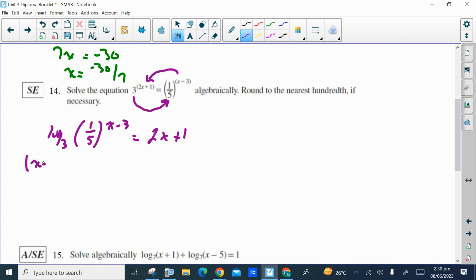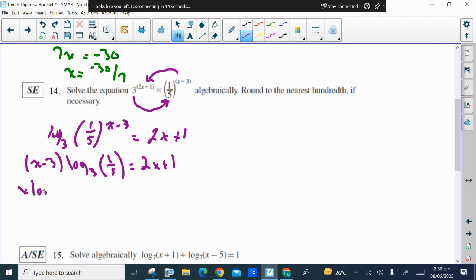So again, that x minus 3 exponent comes in front as a coefficient. You'll multiply out the brackets.